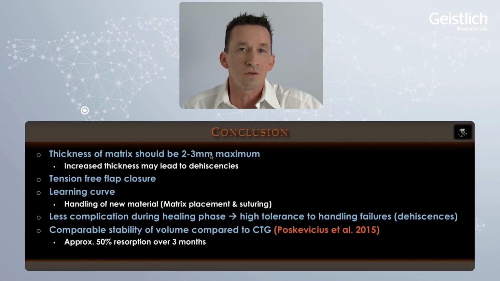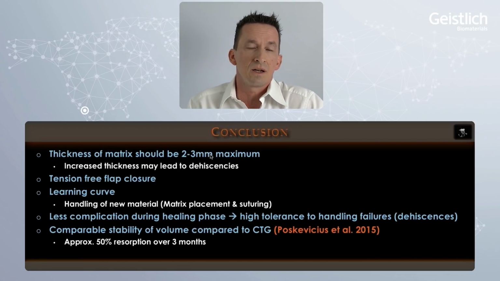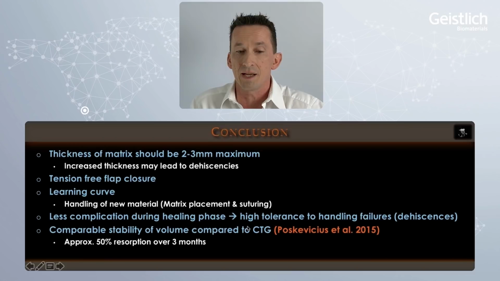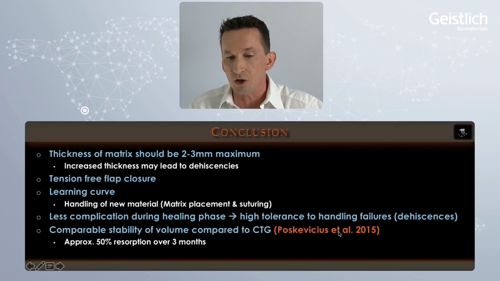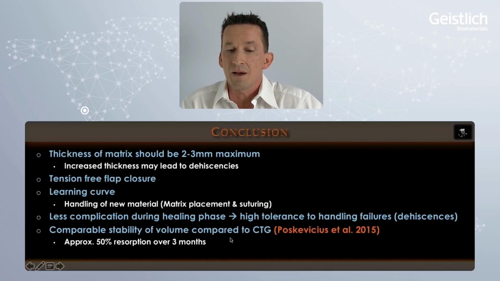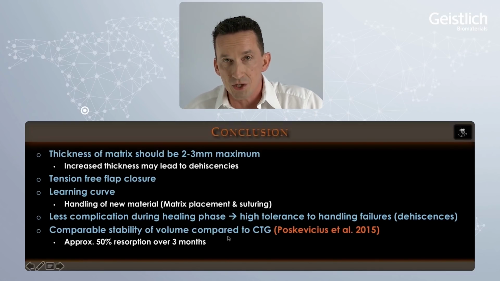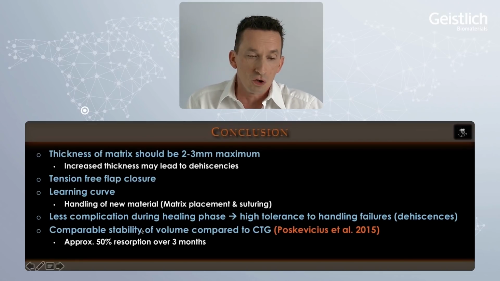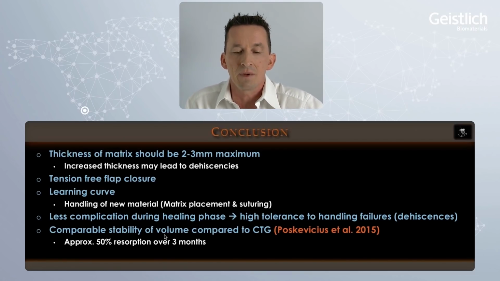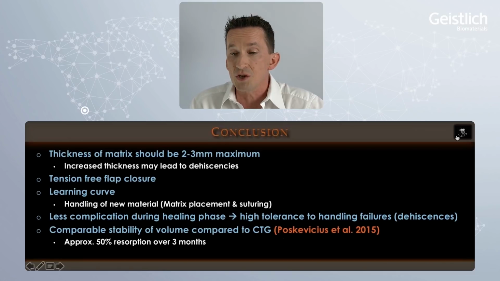Don't hesitate to talk with your colleagues about that, and don't hesitate to ask experienced colleagues how they do this. We have less complications during healing phases, a high tolerance to handling failures, but of course, then if you have some complications, you end up with less volume. The stability of the fibroguide is at the moment known as the same compared to the connective tissue graft.